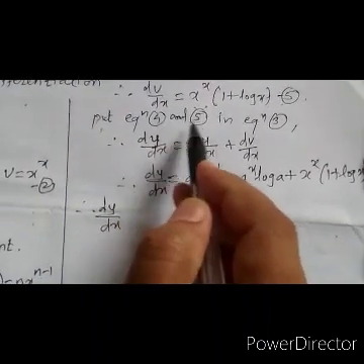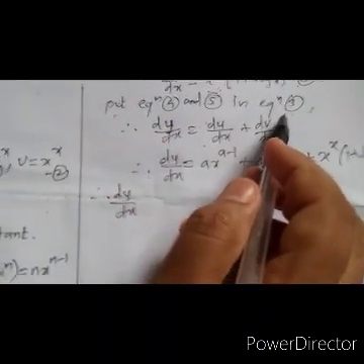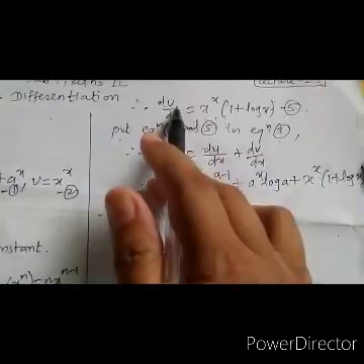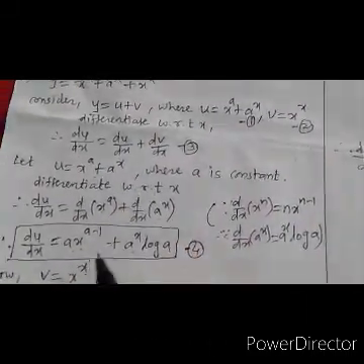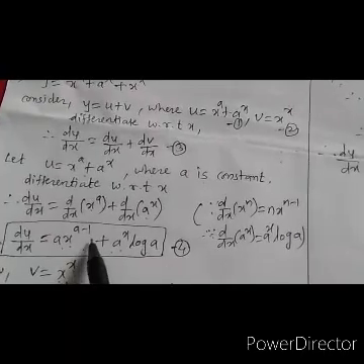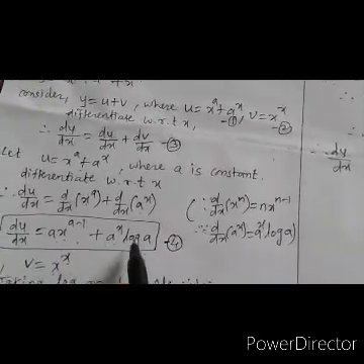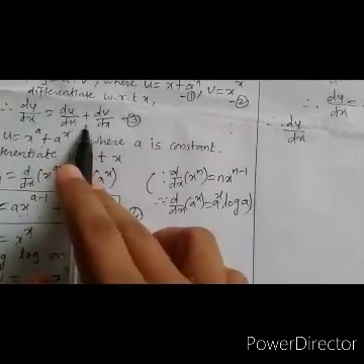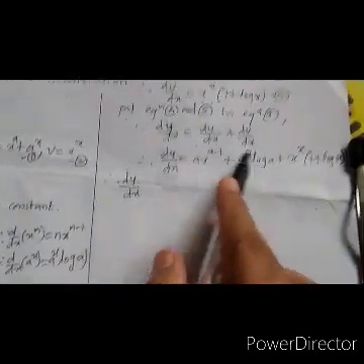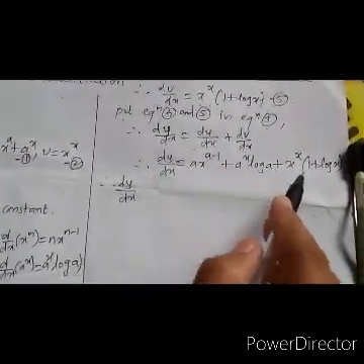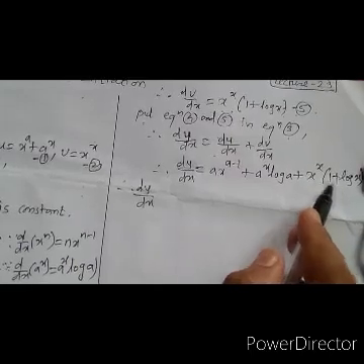Now put equation 4 and 5 in equation 3, that is du by dx and dv by dx in equation 3. So du by dx, that is a x raised to a minus 1 plus a raised to x log of a, we have to put here, plus dv by dx, that is x raised to x in bracket 1 plus log of x.